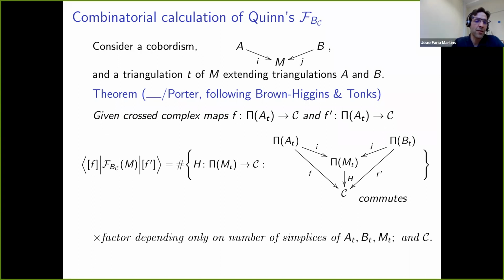I can discuss this after, but this theorem depends on an Eilenberg-Zilber theorem, which permits a really simple construction of the simplicial set of maps from M into the nerve of C. And I'm only aware of such a formula existing for crossed complexes. So this depends on a result of Tonks, which is the Eilenberg-Zilber theorem for crossed complexes. So all of the rest of Quinn's TQFT works, but this step here, as far as I can prove, only works for crossed complexes. Maybe it works in other settings, I just don't know the proof.